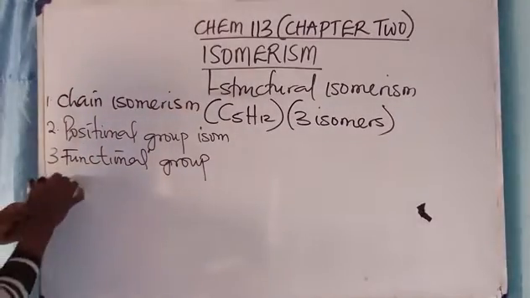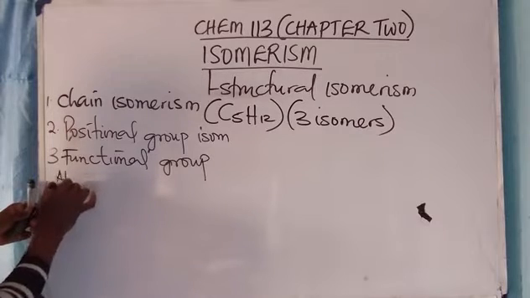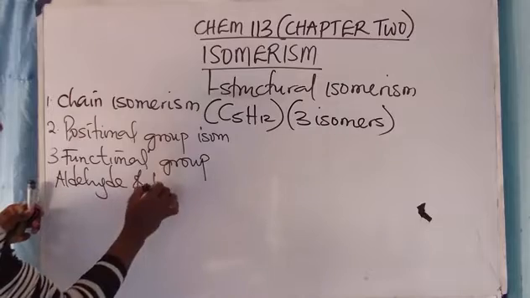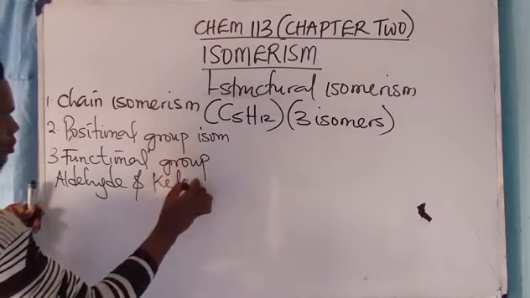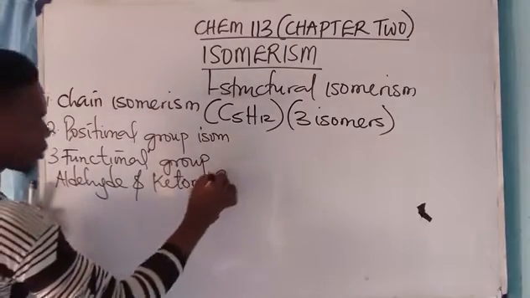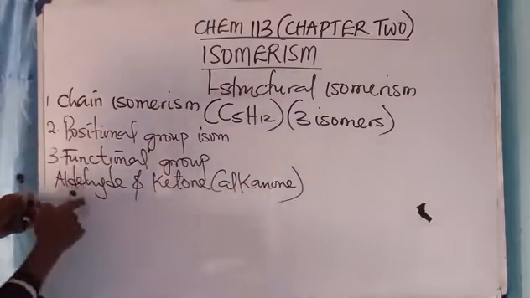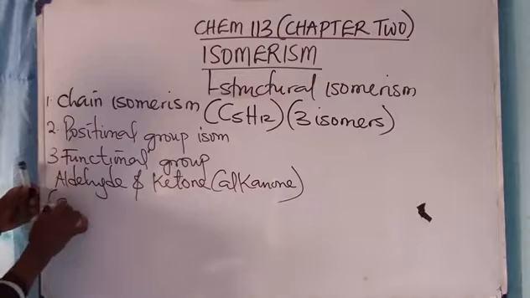Take for instance the aldehyde and ketone. If I don't call it ketone, I call it alkanone. If I don't call it aldehyde, I can also call it alkanal.